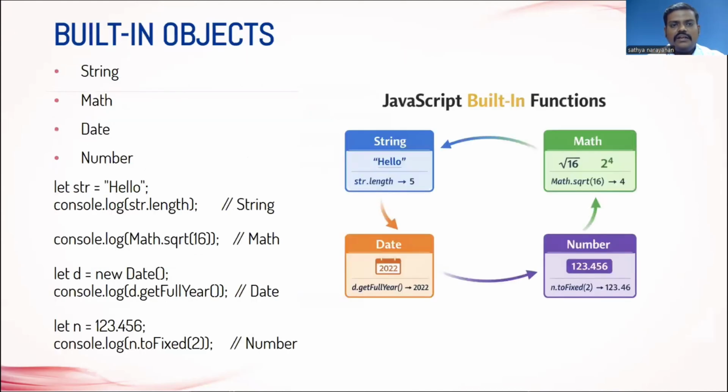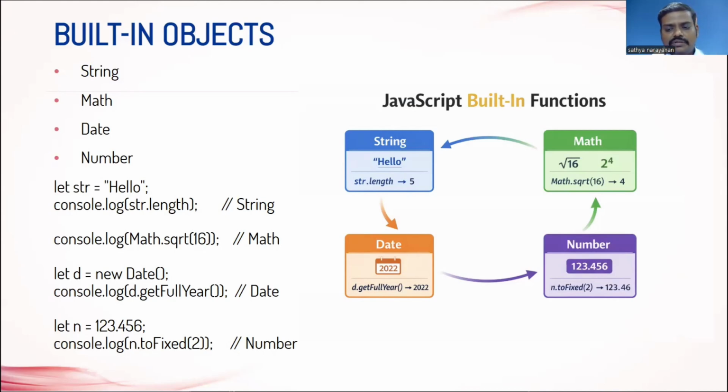Next is built-in objects. There are four important basic built-in objects: string, math, date, and number. Let string equal to "allow", with double quotes.